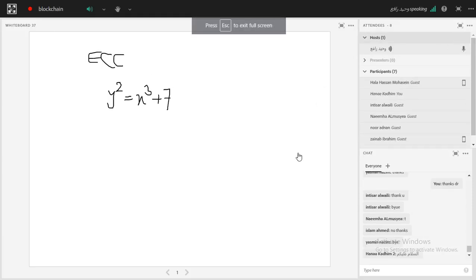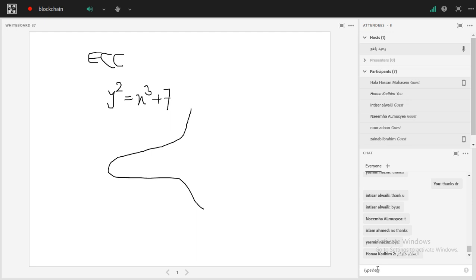Okay, in Bitcoin this equation is used. The curve is something like this. Okay, suppose that this is the x axis.